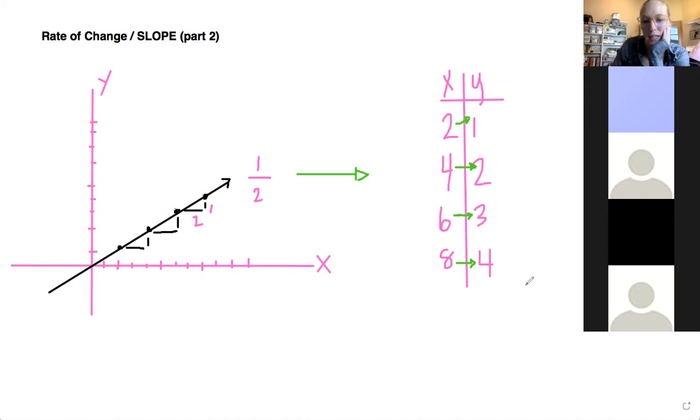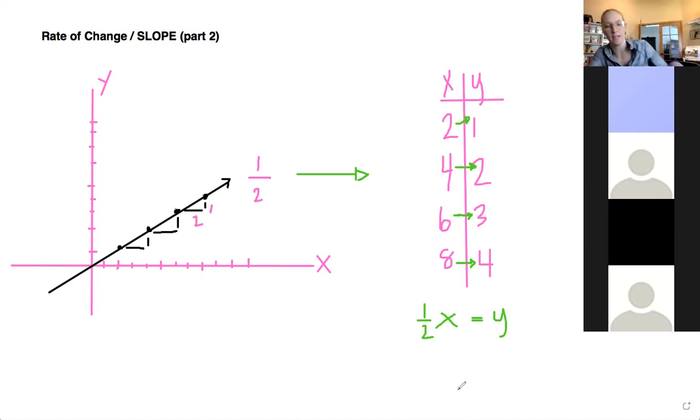Okay, Anna, could you say it again, maybe in a different way? So the rule is that the input, that is x, is multiplied by a half and then it equals the output. For example, 2 is the input and half of it is 1. 4 and 2, and so on. Yeah, absolutely.